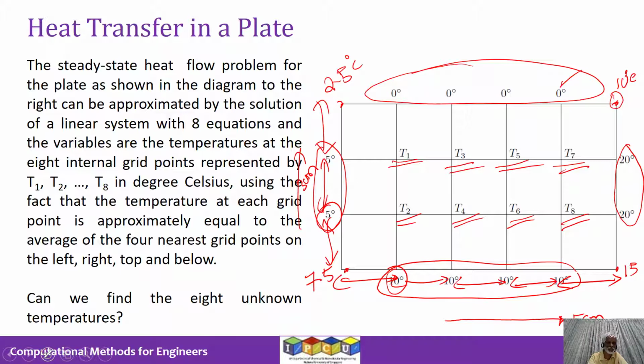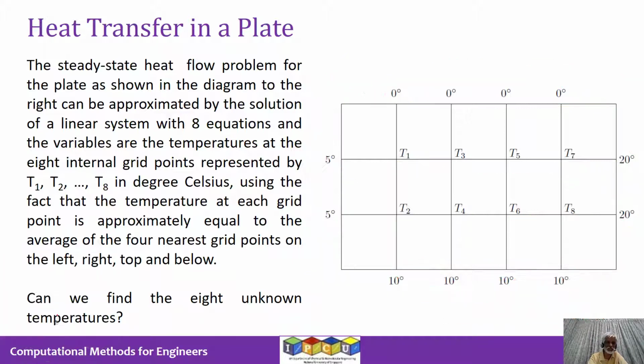What I'm trying to tell you here is how the problem is set up. The problem is solved by using the concept of grid size, or gridding the system, and that leads to certain points, and whatever is the property that we are interested in there.